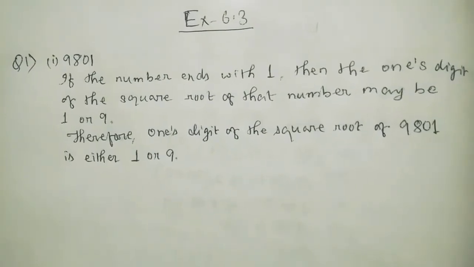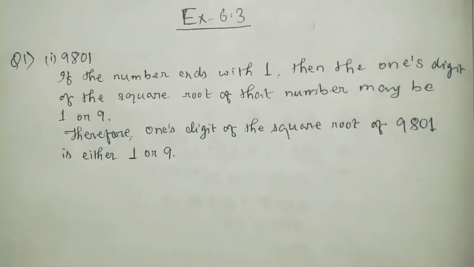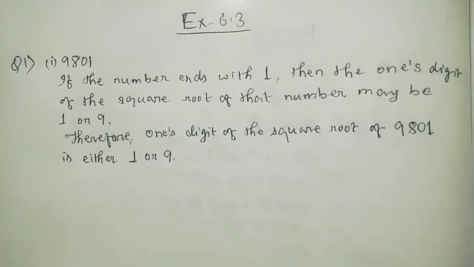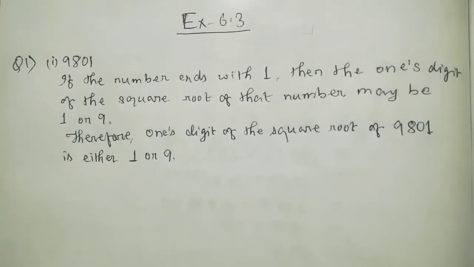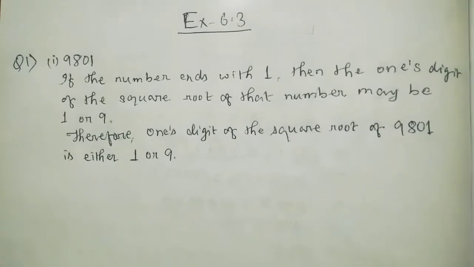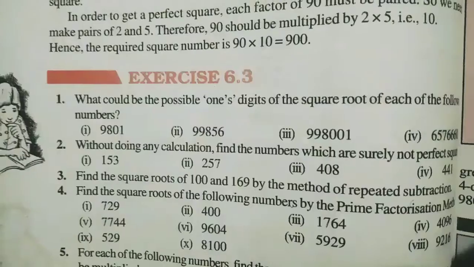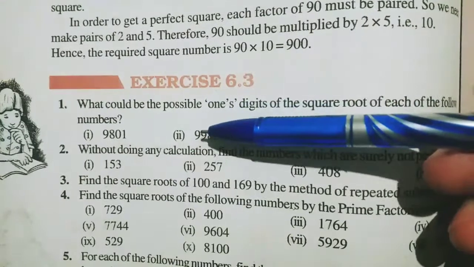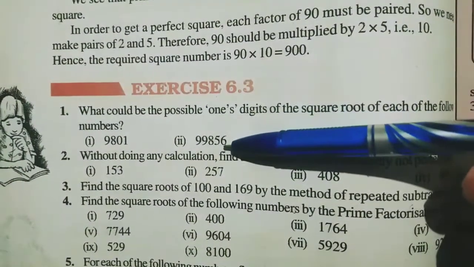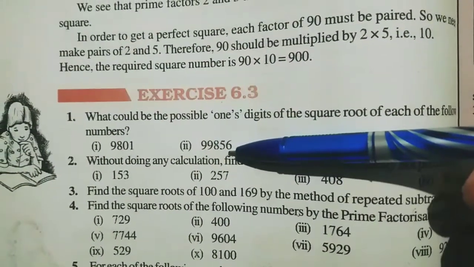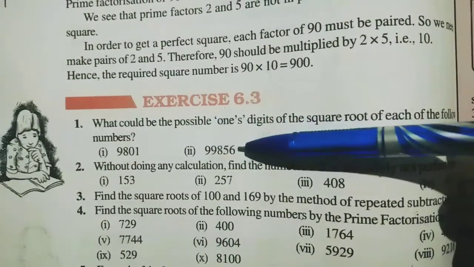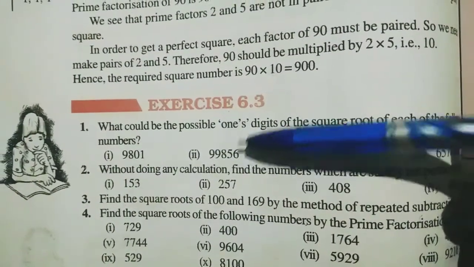Understood? You have to remember the squares of all the numbers, which square has which unit digit. That's why I told you to learn all the squares. Now question number 2, 99856. Here 6 is in the ones digit. So when you find the square root of this number, what will be the ones digit?